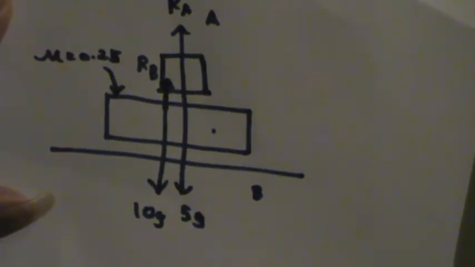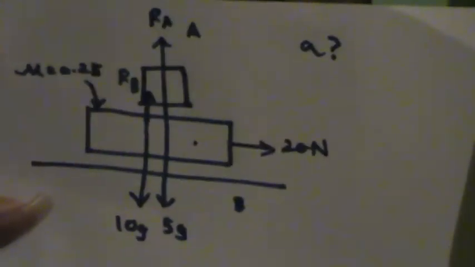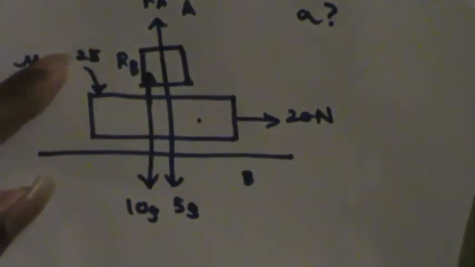And I will give a force of say 20 newtons. So what is the acceleration of these two objects? If they are going as a composite, what is the acceleration of the composite? And if they are going individually, what are their individual accelerations? That's the question I am asking you.